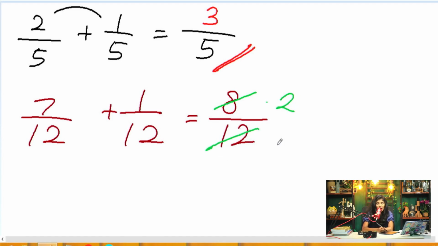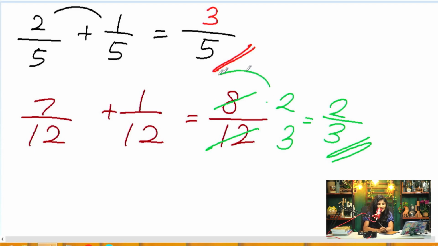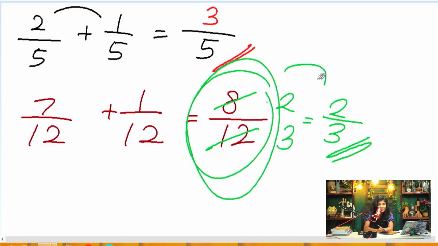For 12, how many 4s are there? Yes, that is 3, 3 times 4 is 12. So this is the final answer. In the fractions lesson, you have to keep your answer in the simplest form. So if you got an answer like this, you have to convert it to 2 over 3.